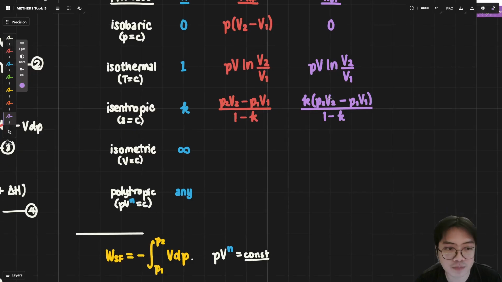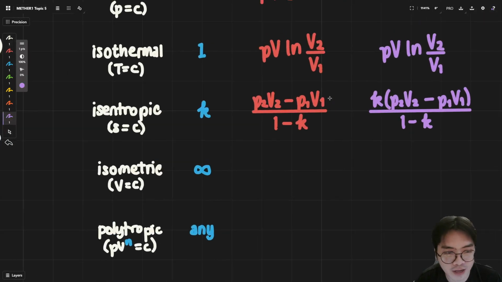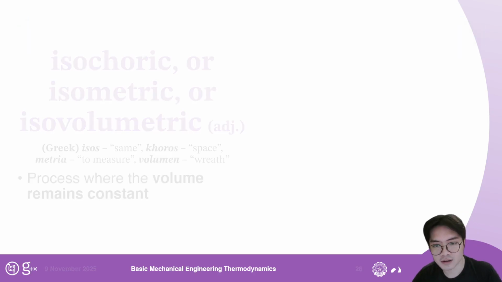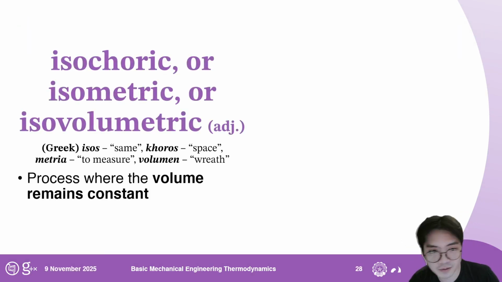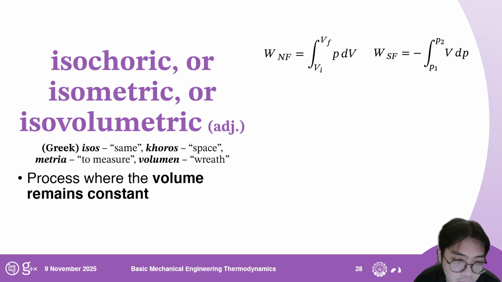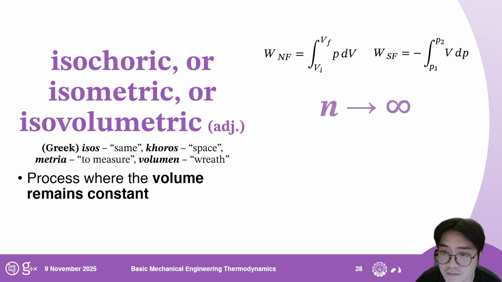Now we go to isometric processes, the very kooky one, the very interesting process. Hopefully, when you see this process for a closed system, you're like, yes, finally. This has a polytropic index that is approaching infinity.